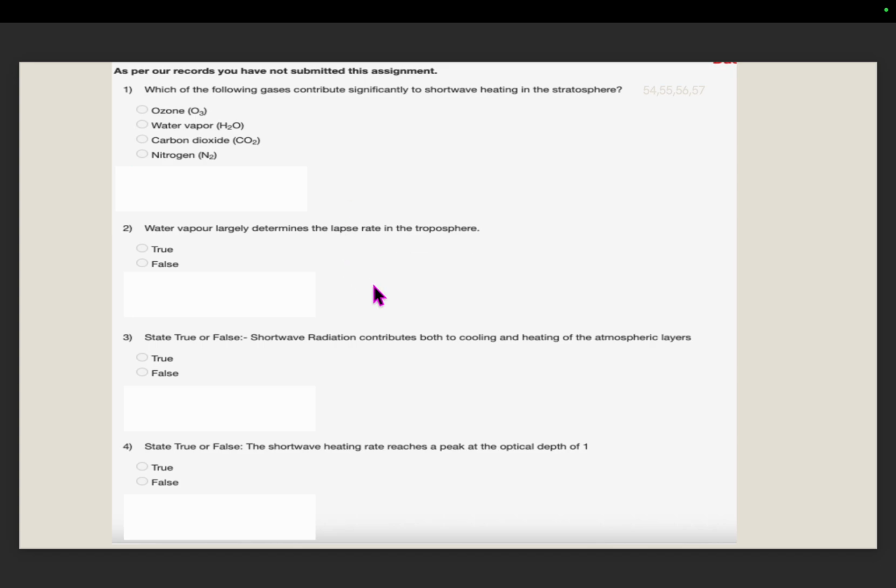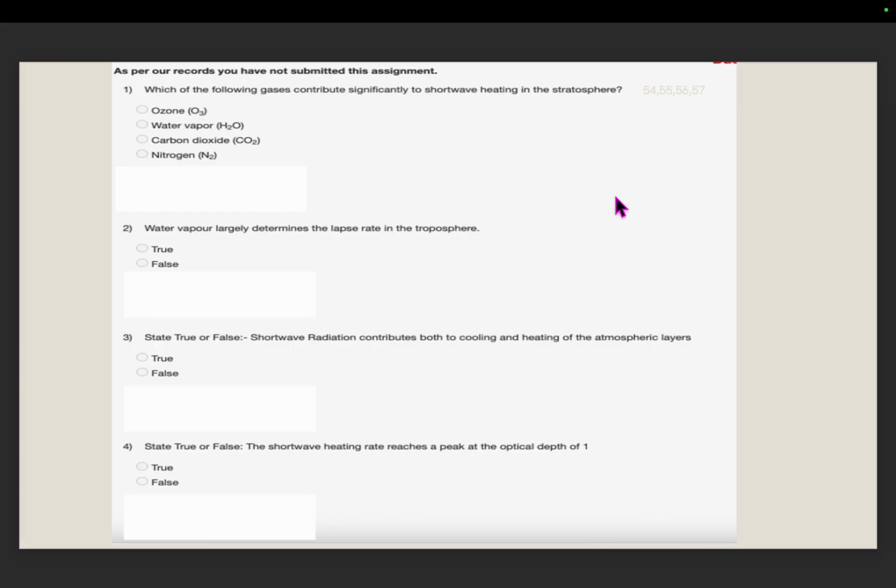Now the second question is, water vapor largely determines the lapse rate in the troposphere.